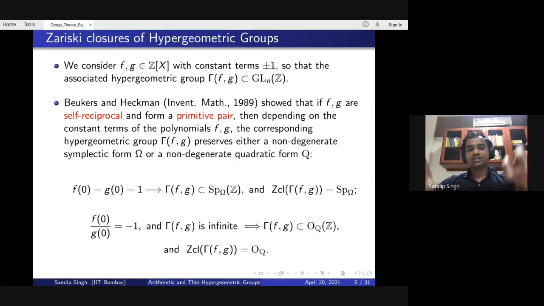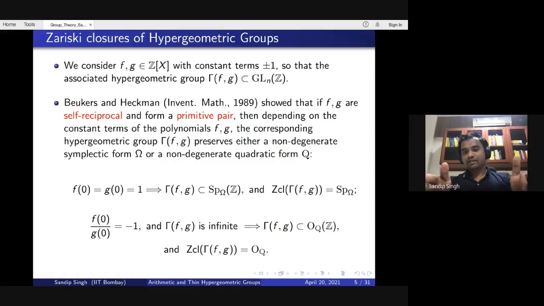So V and V star are isomorphic, and from there it follows that there is a bilinear form which will be preserved by the group gamma, since an isomorphism corresponds to a non-degenerate bilinear form. So we get a non-degenerate bilinear form B, which will be preserved by this gamma f,g, the subgroup of GL(n, Z) generated by A and B, right?